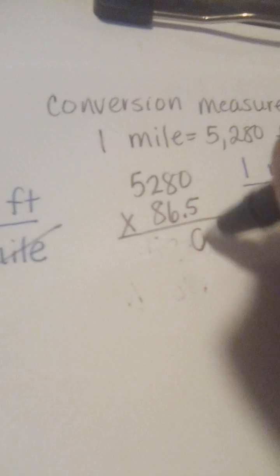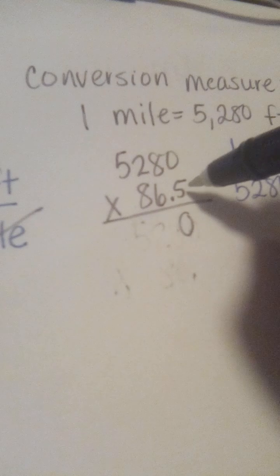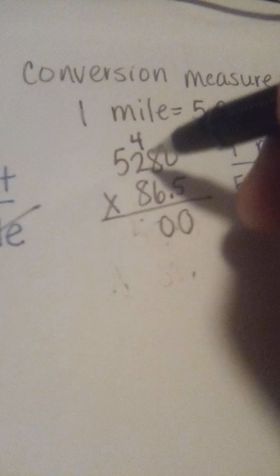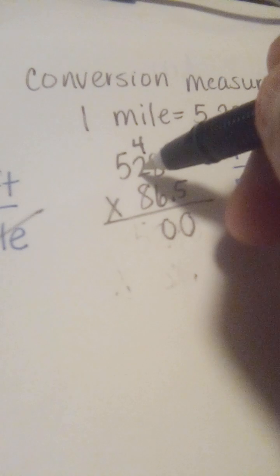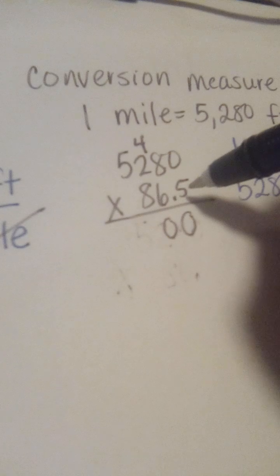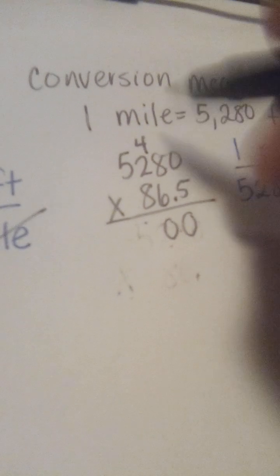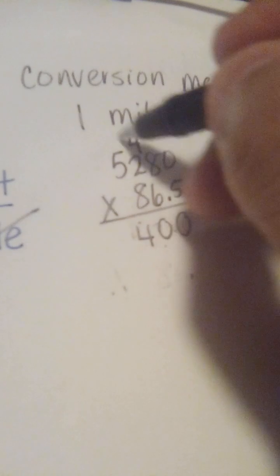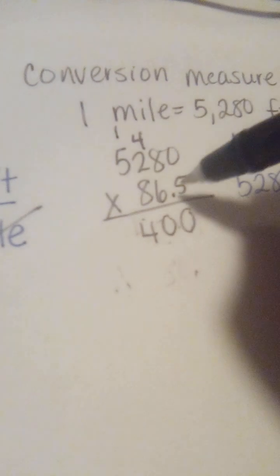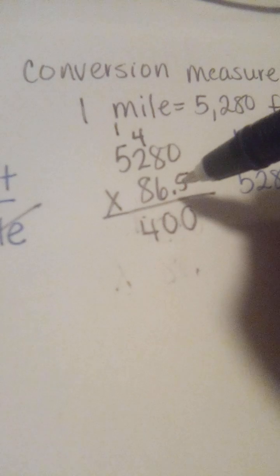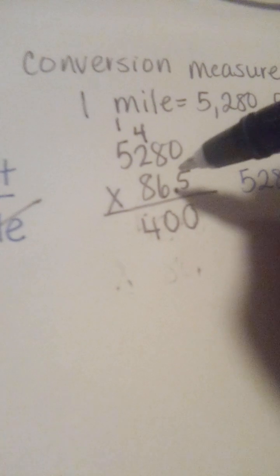So we got 0 times 5 is 0. 8 times 5 is 40. Carry the 4. 2 times 5 gives us 10, plus 4 is 14. Carry the 1. 5 times 5 is 25, add one more is 26. That is the first line.